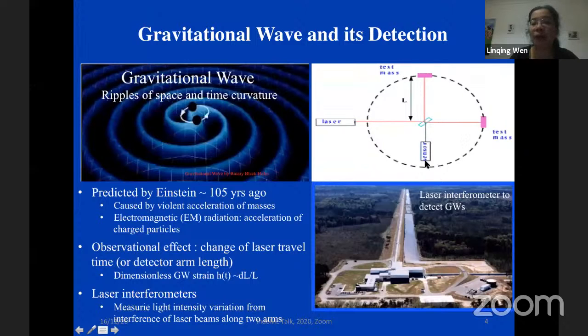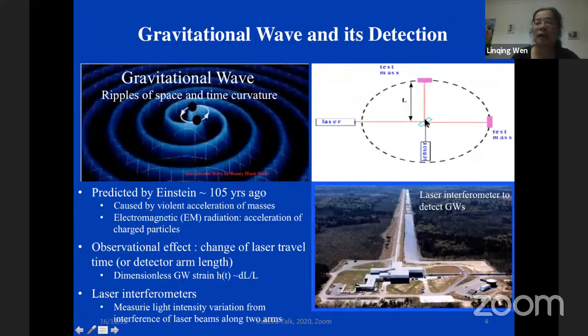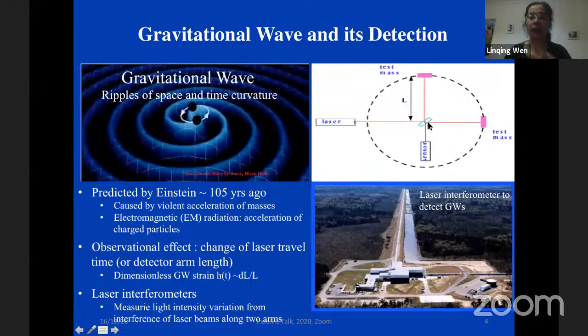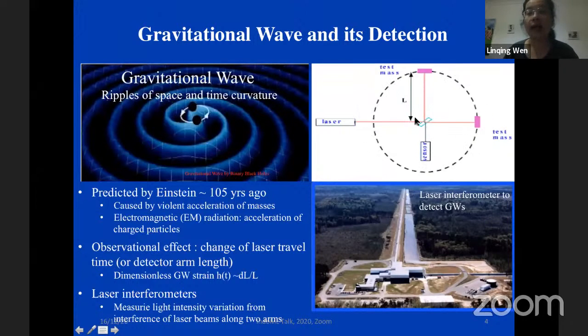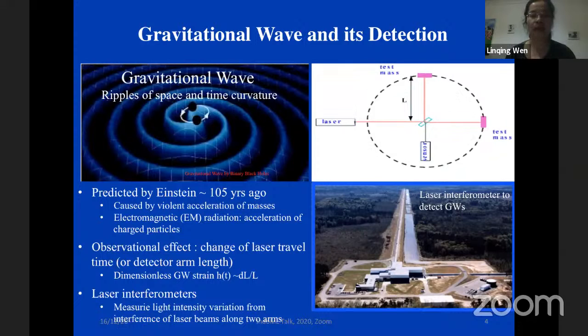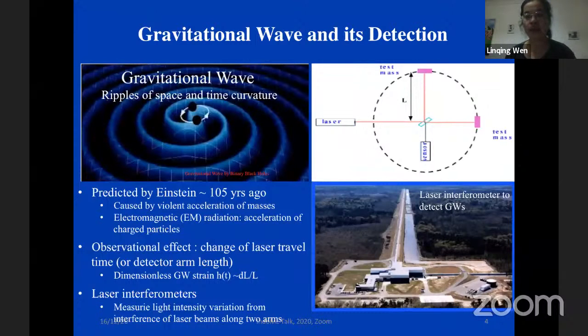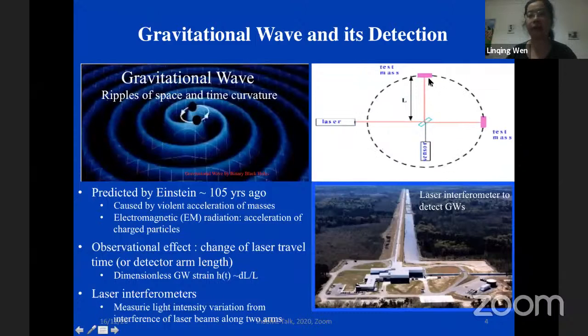So what I show on the upper right is that if gravitational wave is going perpendicular to this plane, you can see the effect of space and time curvature, this oscillation is like you stretching and squeezing a tire. So one direction is stretching, the other direction is actually compressing. So that's what you see.